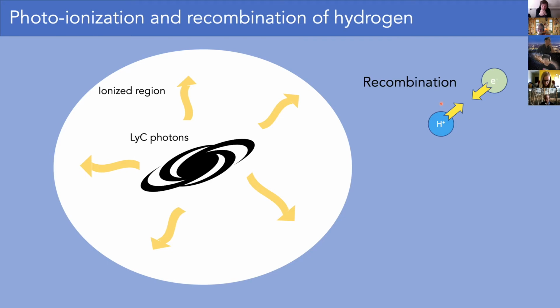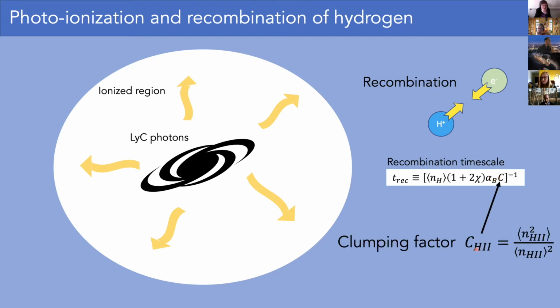The speed of recombination can be quantified as the recombination timescale, which is the inverse of the product of hydrogen density, recombination rate coefficient, and the clumping factor, defined as this. For gas with a high clumping factor, it leads to a short recombination timescale and a low net ionization rate, delaying the reionization process.